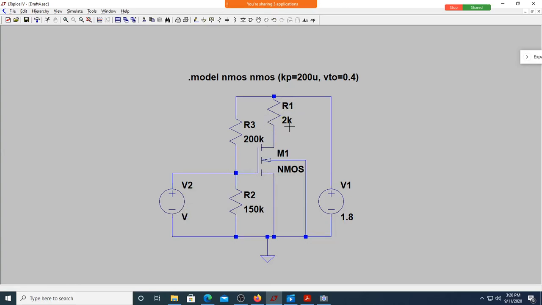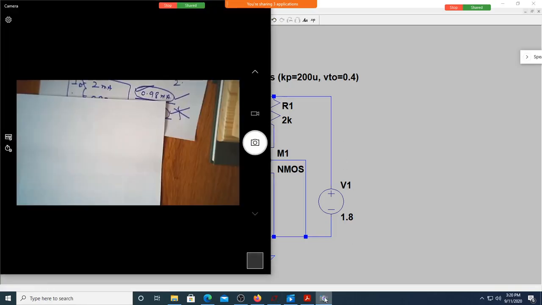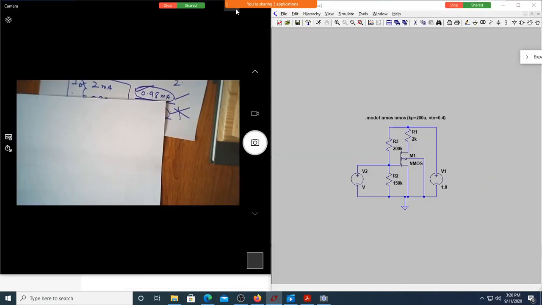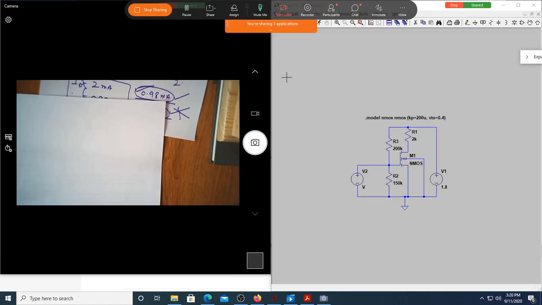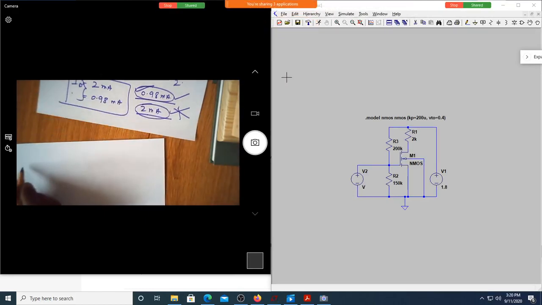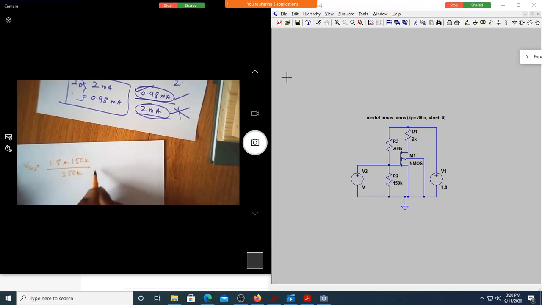Now see, this is the circuit you already know, except for this V2, correct? What is VGS for this particular circuit? VGS is equal to 1.8 into 150k divided by 350k.